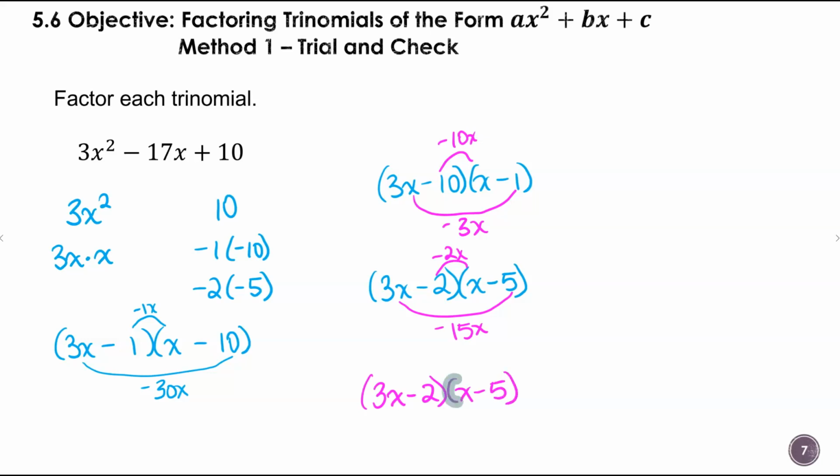All right, so that's it. Because we just have to figure out how to get that sum of negative 17x in this case. Okay. So that's the trial and check method, and that method is one that you may or may not use. Some students have learned it this way in the past, so that's up to you on how you go with this.